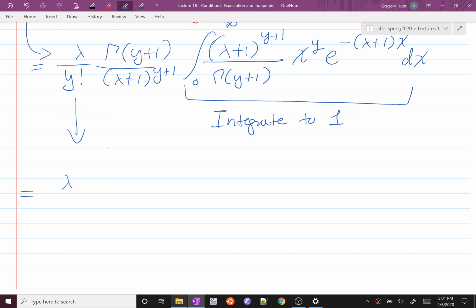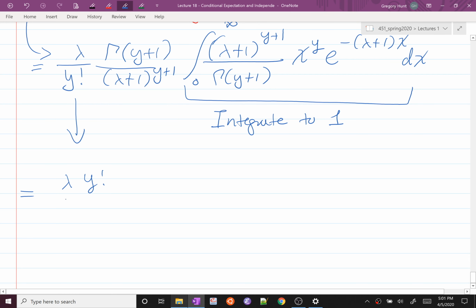So gamma of y plus 1 is y factorial. If you go back and look at our facts about the gamma function, over y factorial, lambda plus 1 to the y plus 1. Ooh, that's nice. We get some cancellation. So it's lambda over lambda plus 1 to the y plus 1.